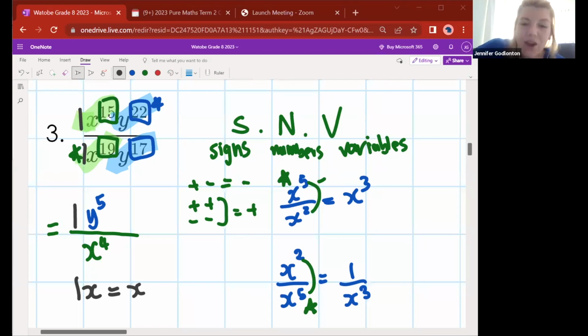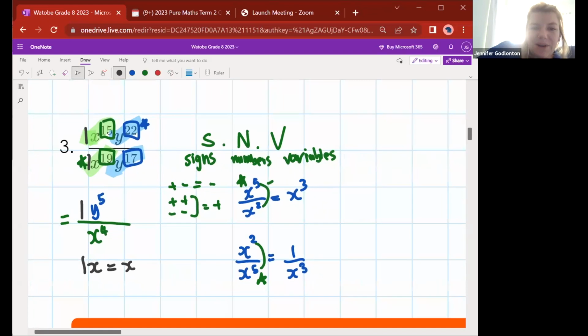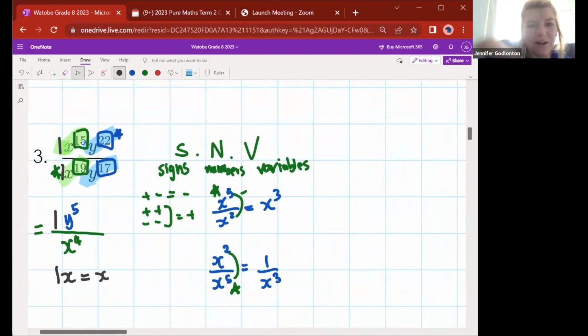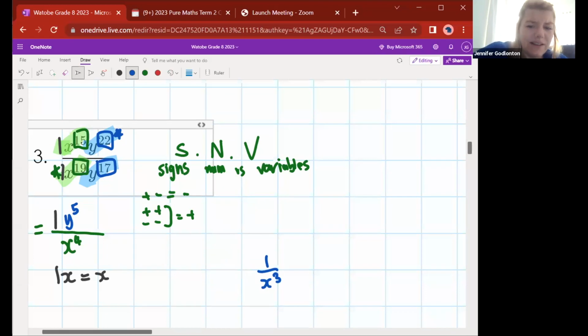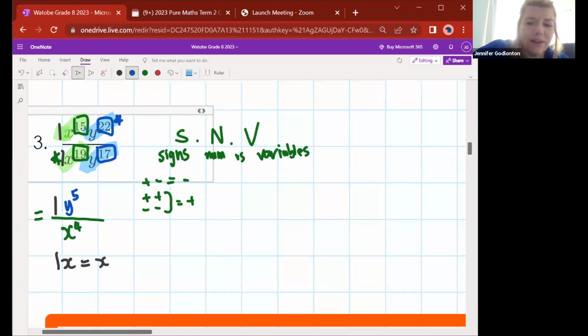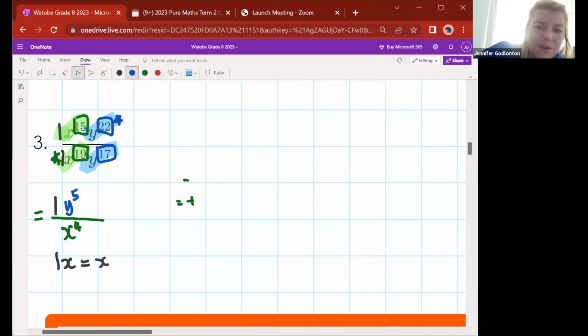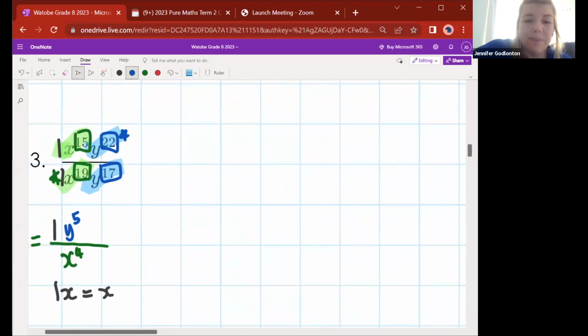Okay. For those of you who are feeling a little bit confused about the situation where we have numbers that are bigger at the bottom versus bigger at the top, the easiest way to explain it is honestly just to write it out the longer way. Let's use the example of x squared over x cubed.